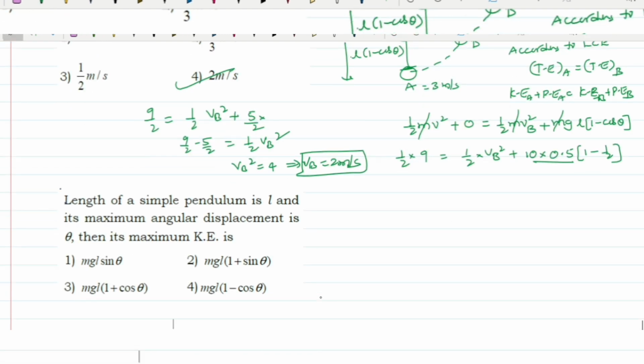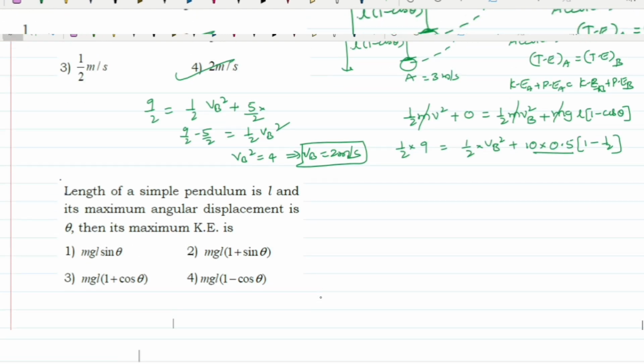Let us see the next question. The next question says the length of the pendulum is given as L and its maximum angular displacement is theta, then they are asking for its maximum kinetic energy. So here the length of the simple pendulum is L, and the maximum angular displacement is given as theta.